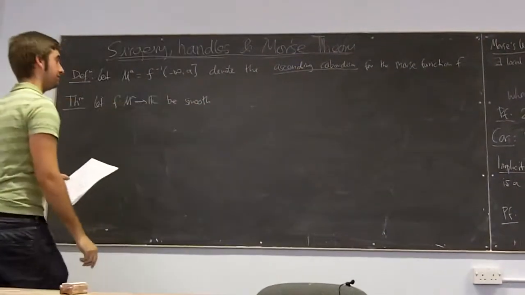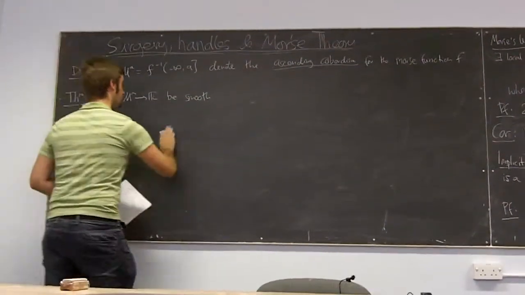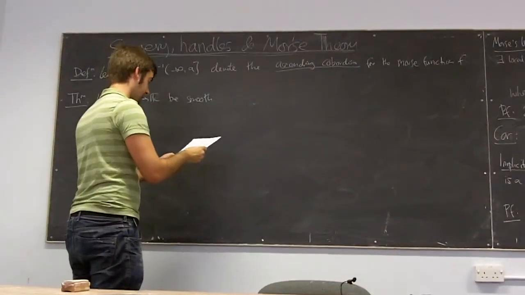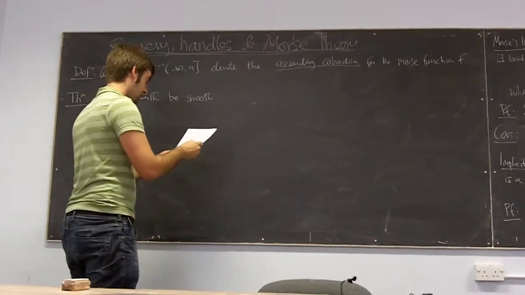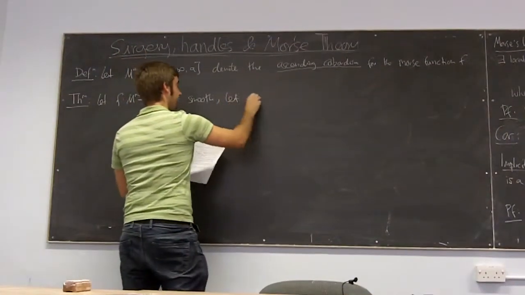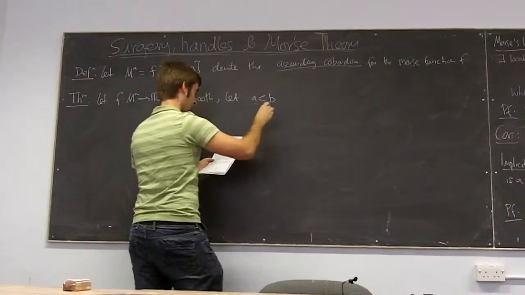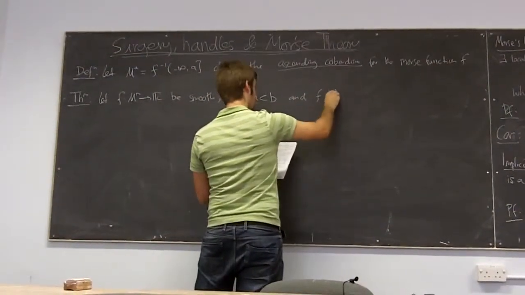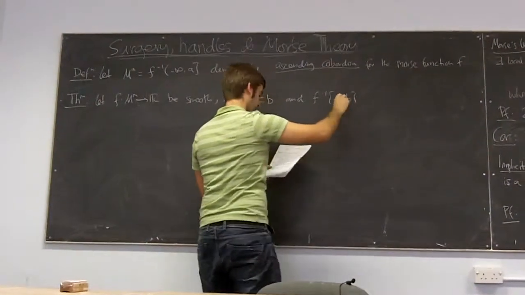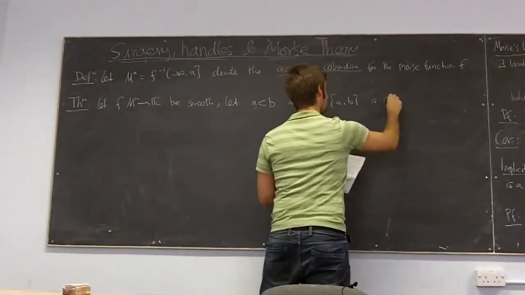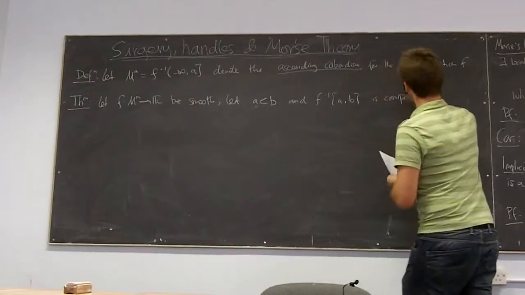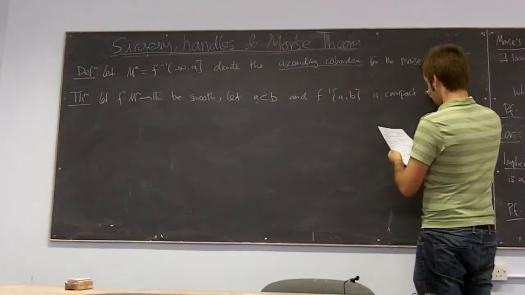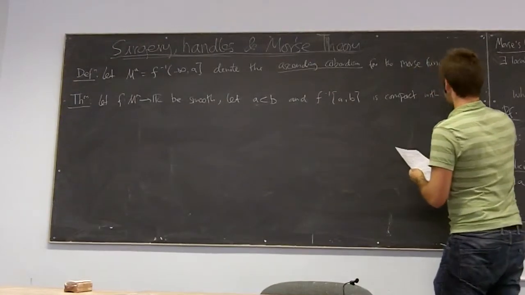For the time being, we don't have to suppose it's Morse, but when we apply this to Morse functions, that'll be good. And then let A less than B, and suppose that the inverse image of this interval is compact. This is quite important that it's compact. I'll explain why in a moment. And suppose there are no critical points.